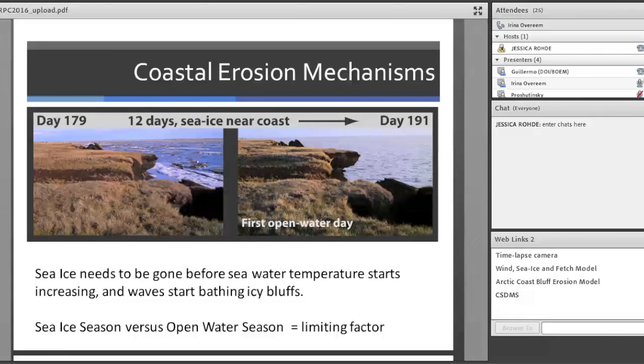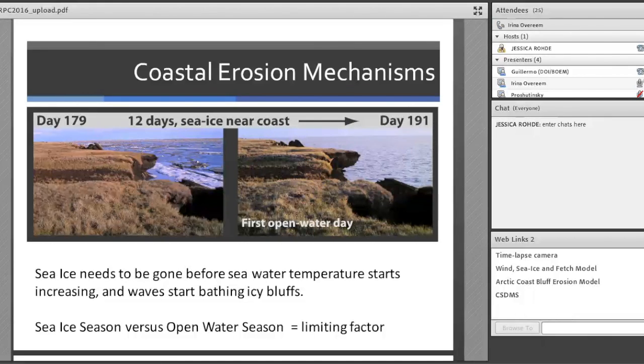So the very first year we immediately noticed that when the sea ice is near the coast, and that's what this period from day 179 to 91 illustrates, there is not much happening as long as the ice is there.